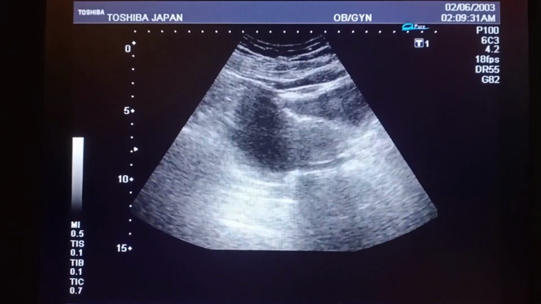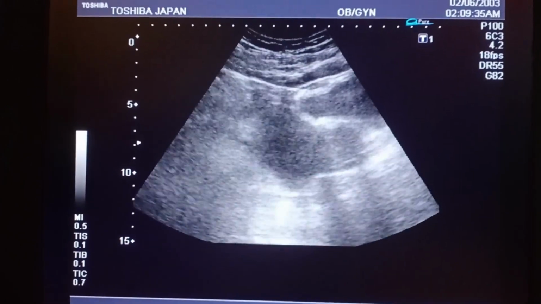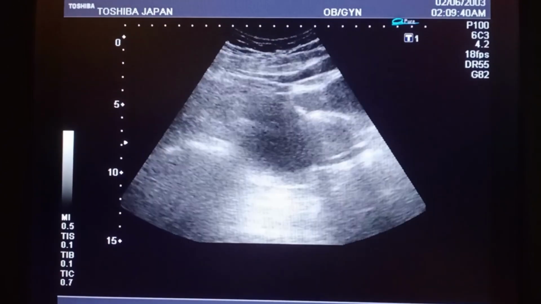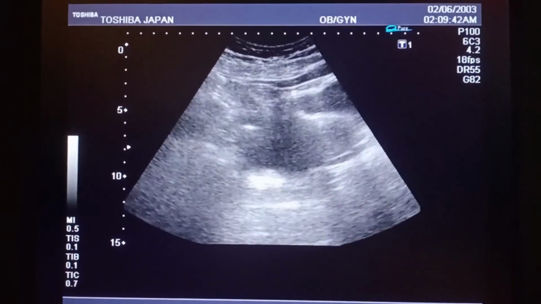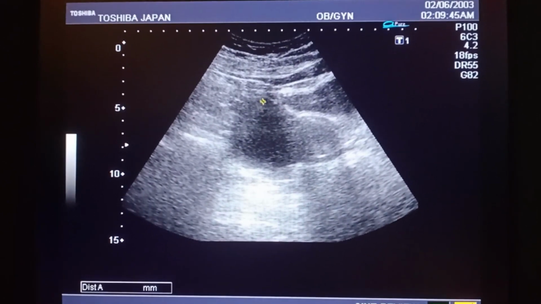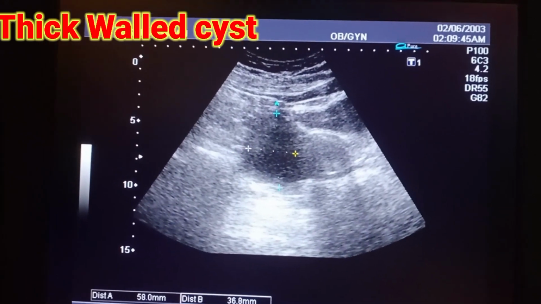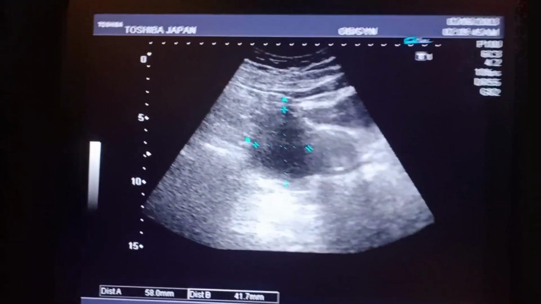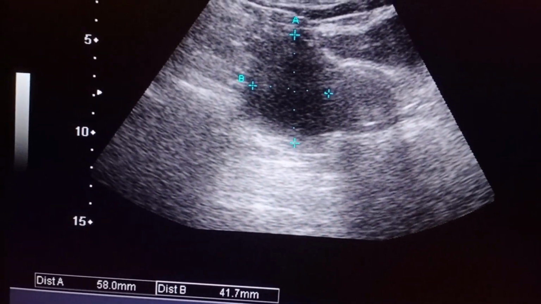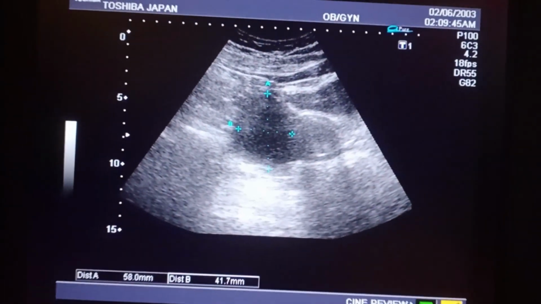Now, on manipulating the probe of the ultrasound, you appreciate the cystic swelling on the right adnexal position. This is the right adnexal cyst that is thick walled, and it is about 6 into 4 centimeters in measurement.